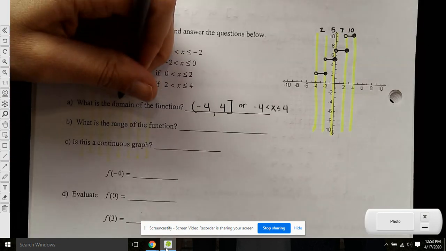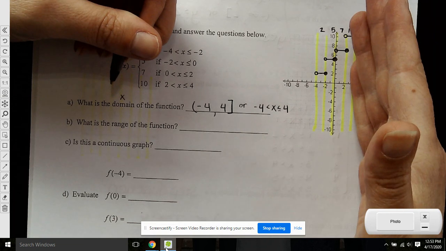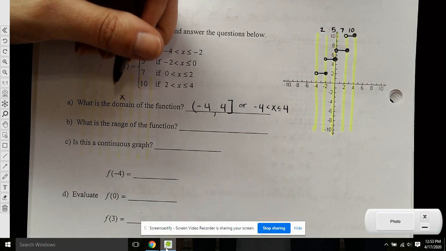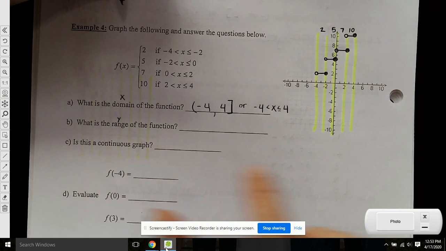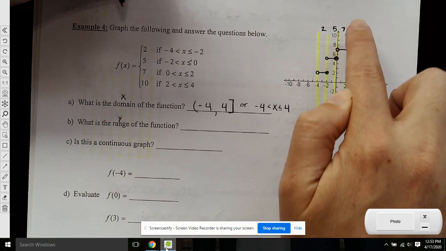Remember, domain is my x value. So I'm just looking at how it does left to right. My range is my y values. The only thing in my range here is just 2, 5, 7, and 10.